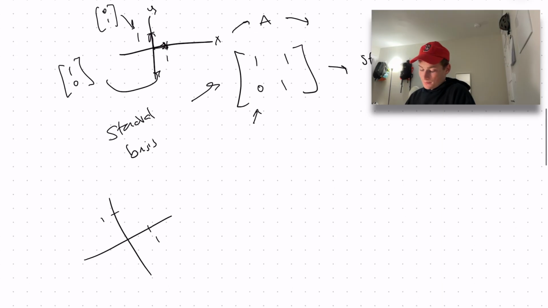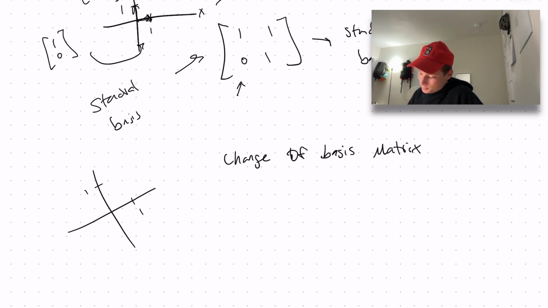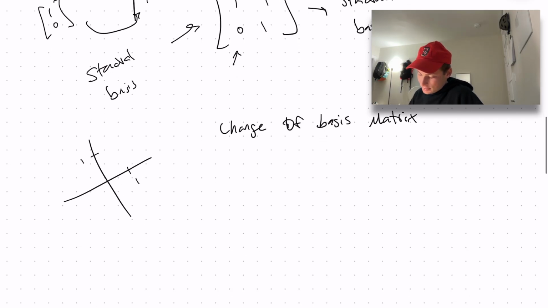There are a couple of tools you have to do change of basis. The first one is called the change of basis matrix, which is named super well. For the change of basis matrix, you put in the basis vectors in our language.